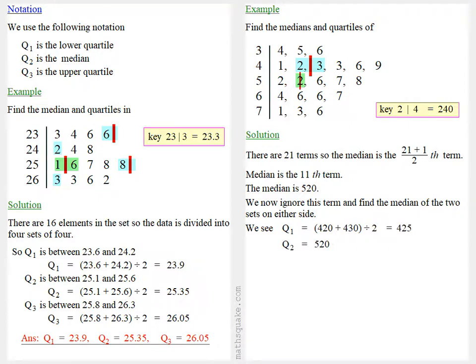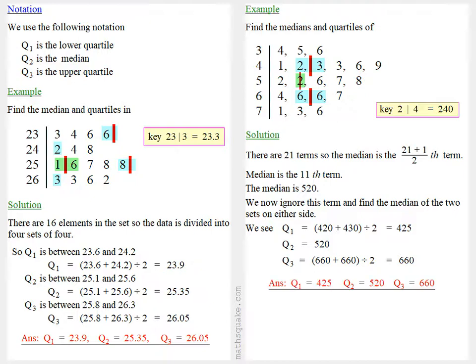Q2 is the median that we originally found, which is 520, and Q3 is the median of the top half. There are 10 numbers in the top half, which means the median lies between the 5th and 6th, that is between 660 and 660. So the upper quartile is 660.